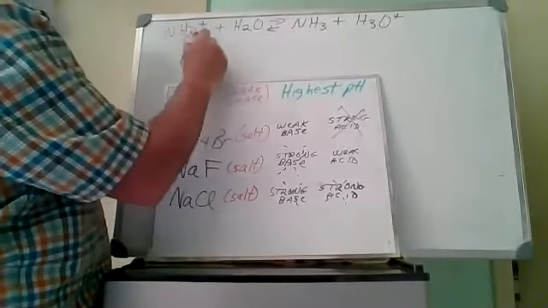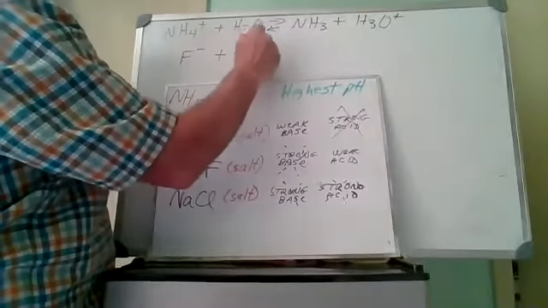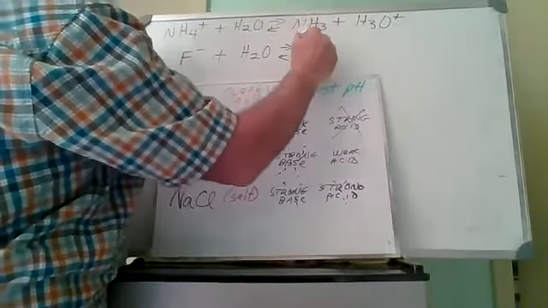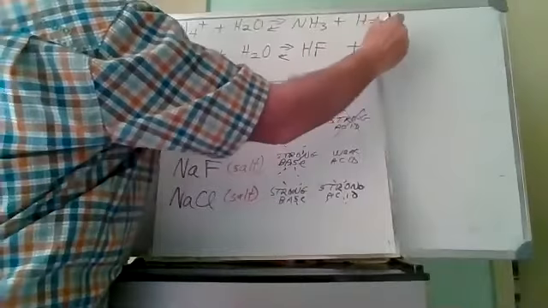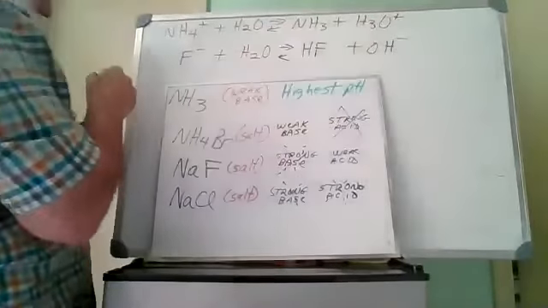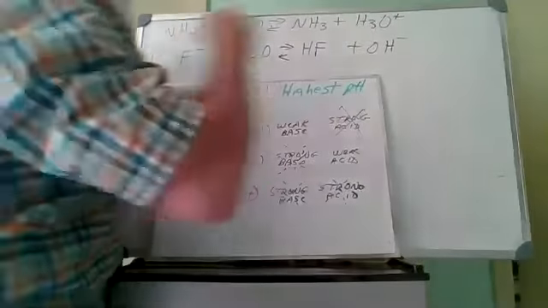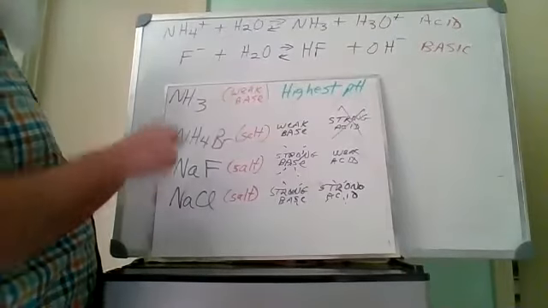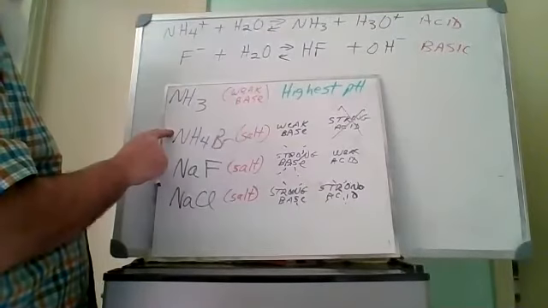F minus plus H2O gives me HF plus OH minus. So this one is going to be basic. So the lowest pH is going to be this one.